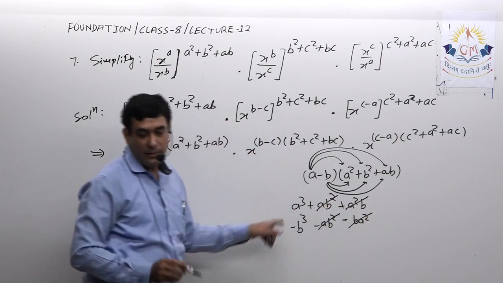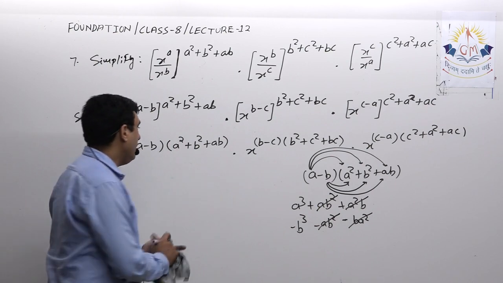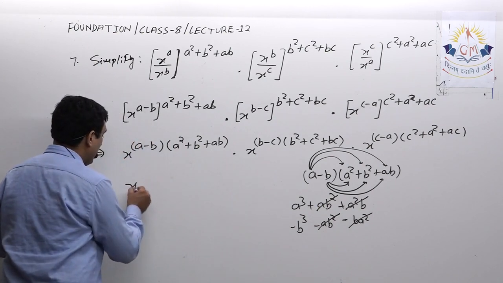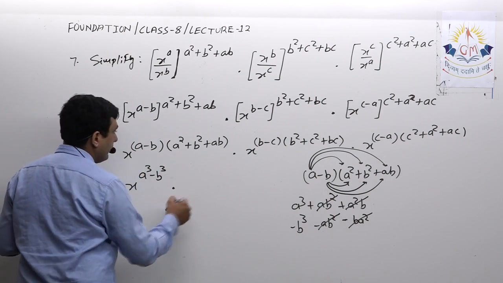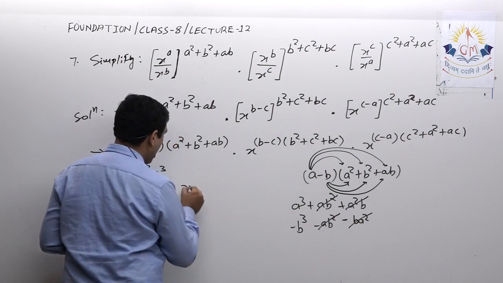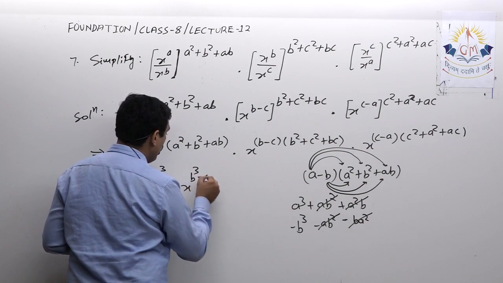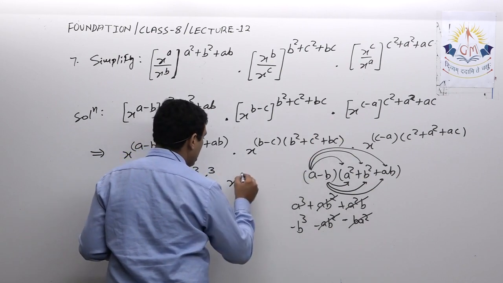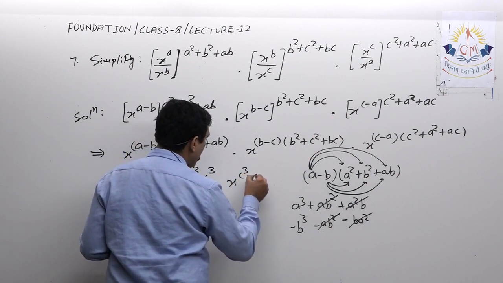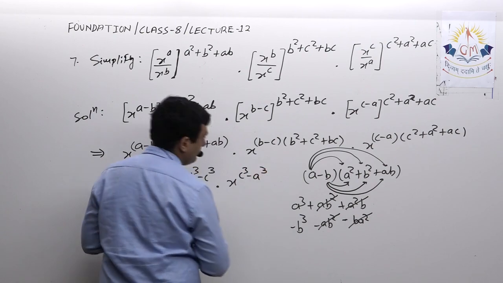So I will be left with a cube minus b cube. So here I can write x raised to a cube minus b cube. Similarly, this gives me x raised to b cube minus c cube. And finally, that third term gives me x raised to c cube minus a cube.